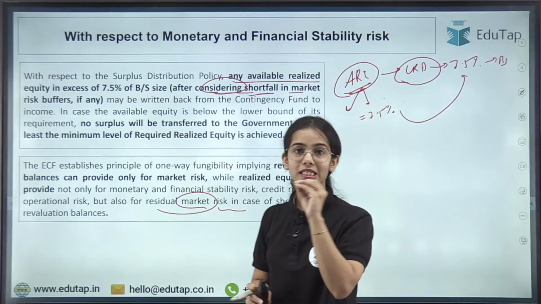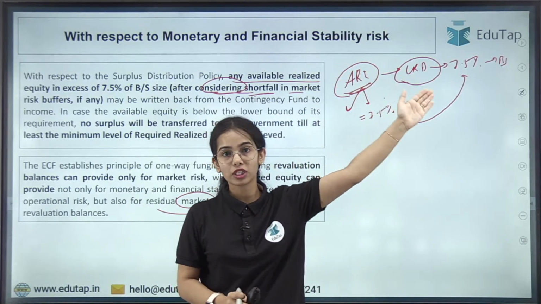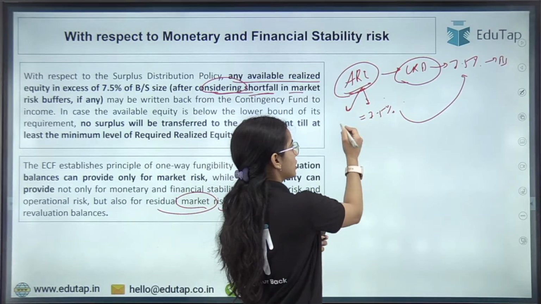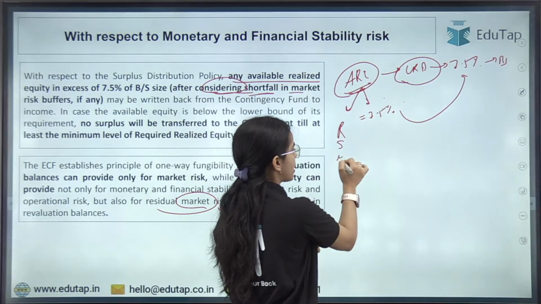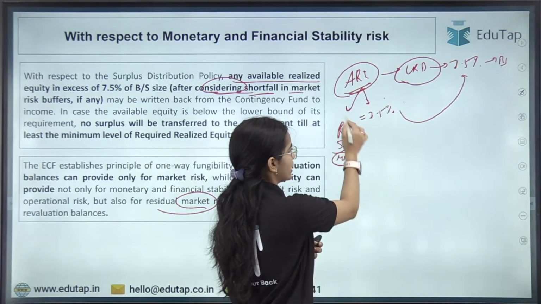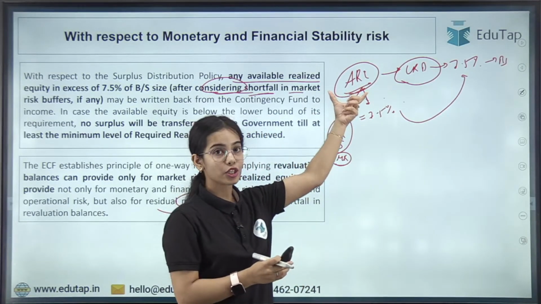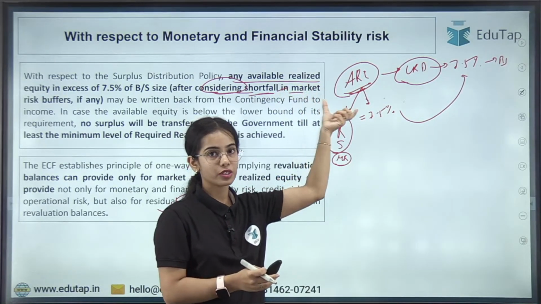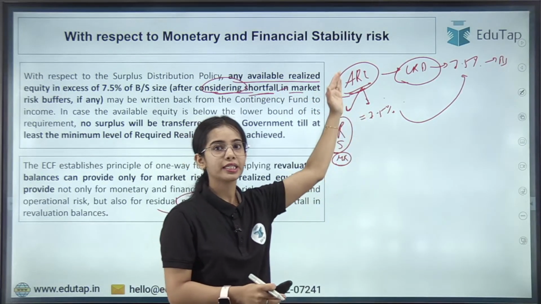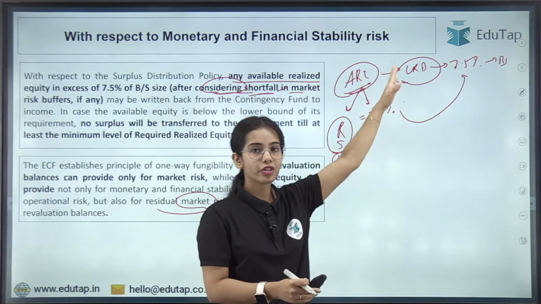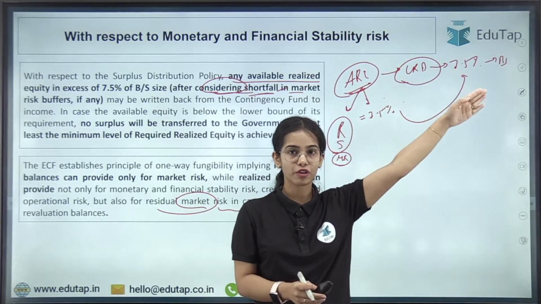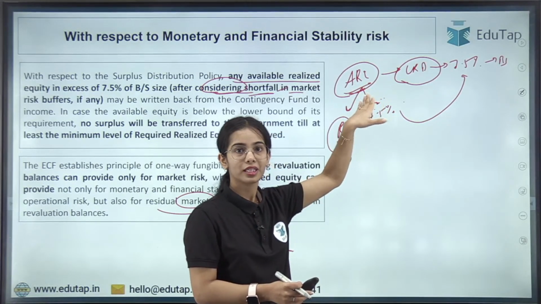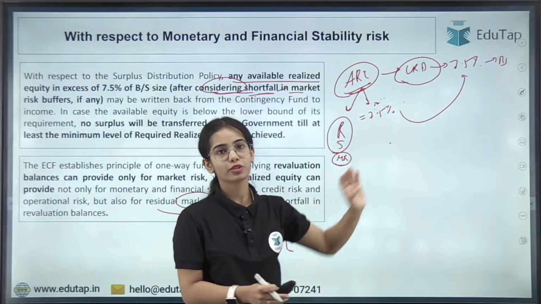So available realized equity should provide for the contingent risk buffer, but it also provides for the residual shortfall in the market risk buffers, right? So after the shortfall in the market risk buffers has been provided, if the contingent risk buffer is 7.5% of the balance sheet, the available realized equity, the capital, should also be 7.5% of the balance sheet.